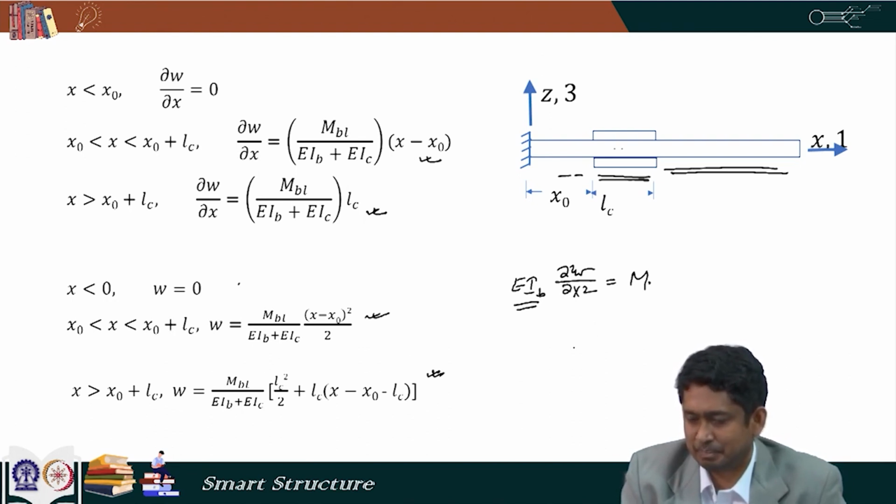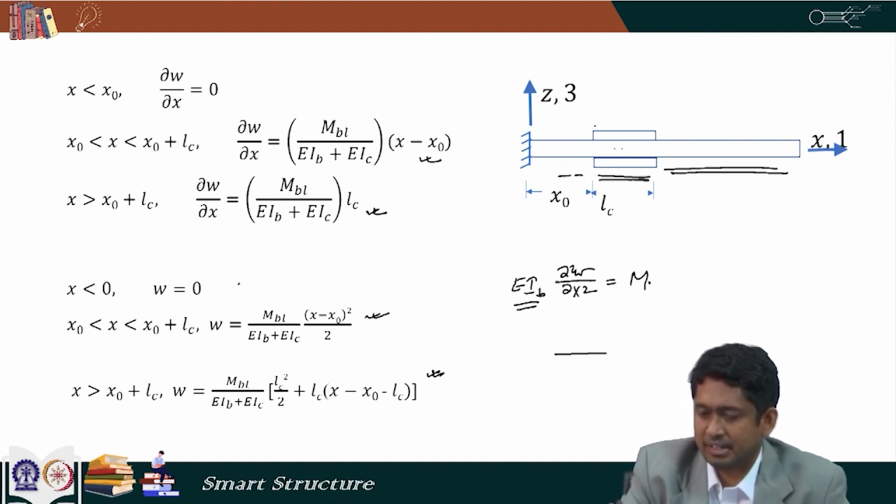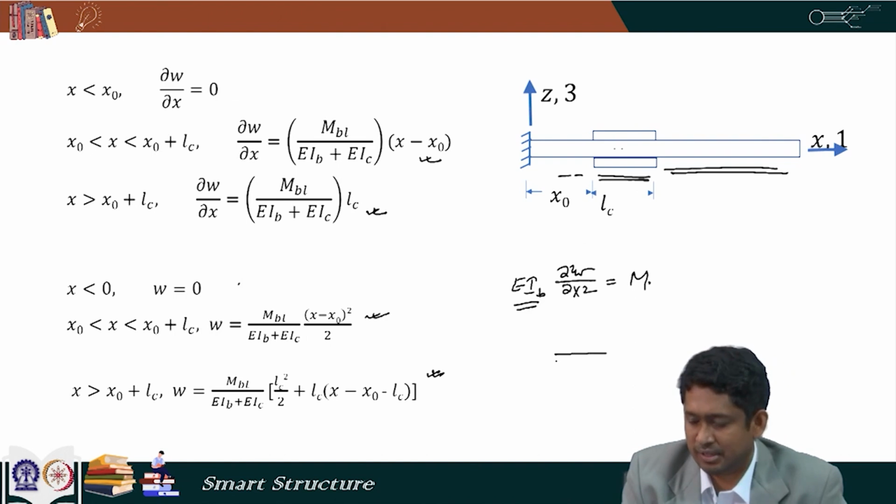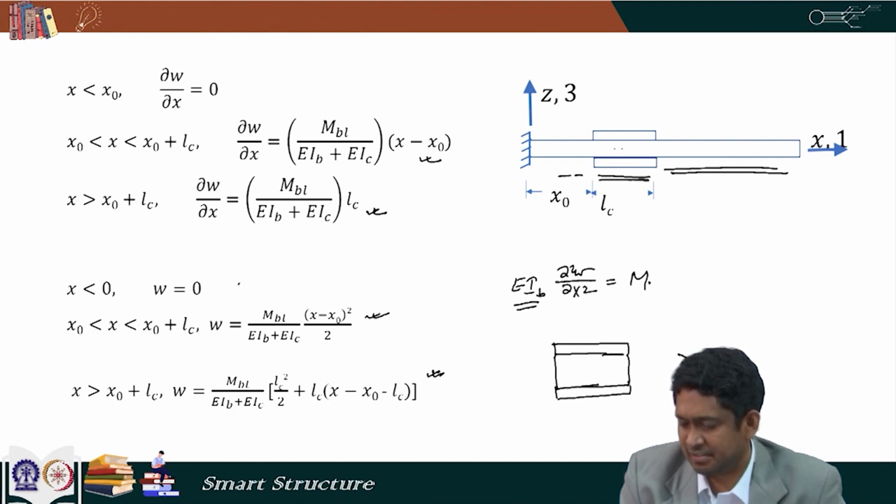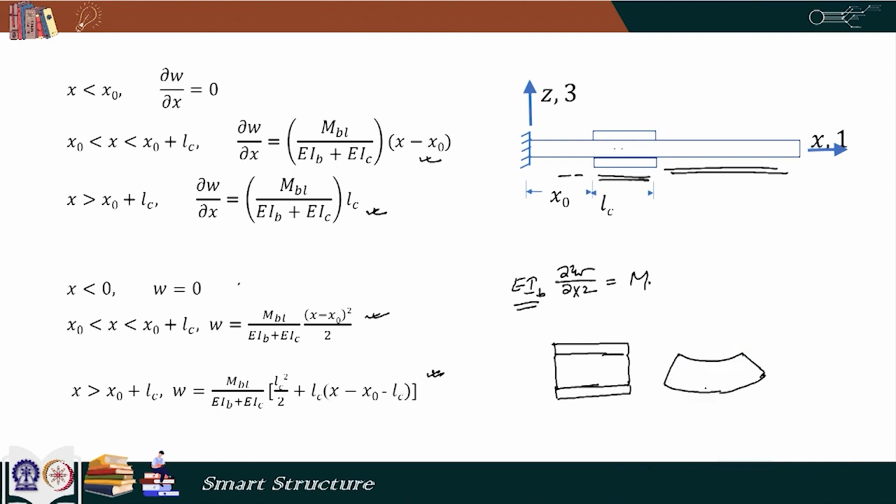The assumption is that if we talk about this section only, it has a piezo at the top and at the bottom. So, when this bends, it bends in this fashion, and as per the Euler-Bernoulli beam, we saw that the top part, the piezo part also bends.